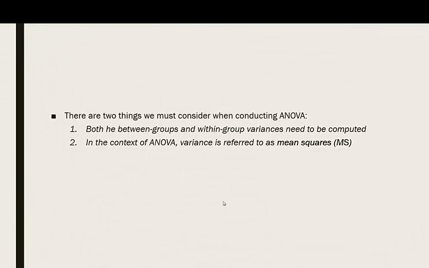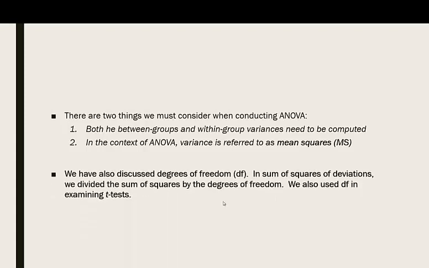So there are two things that we must consider when conducting an ANOVA, and we've been talking about these up to this point. Both the between groups and within group variances need to be computed, as we've done. In the context of ANOVA, variance is going to be referred to as mean squares, or MS. We've also discussed degrees of freedom.